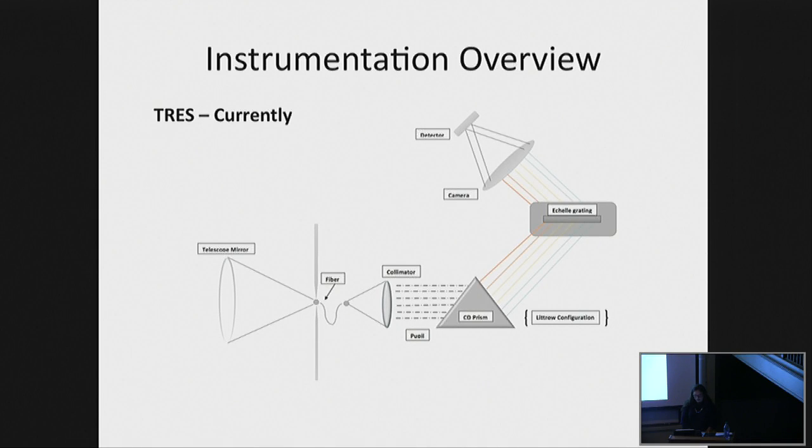Essentially, we have a stellar beam that is focused and collected by the telescope mirror. And without the fiber that you see depicted over there, we would have the beam unevenly filling the spectrograph slit. So the way TRACE works is it uses a fiber optic cable in order to scramble the light and smear it, and therefore reduce that instability in illumination.